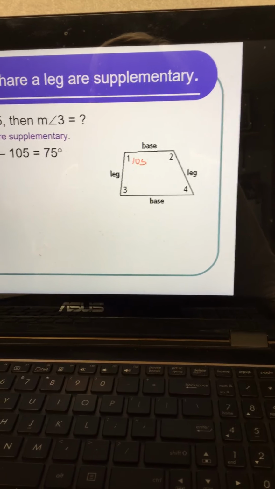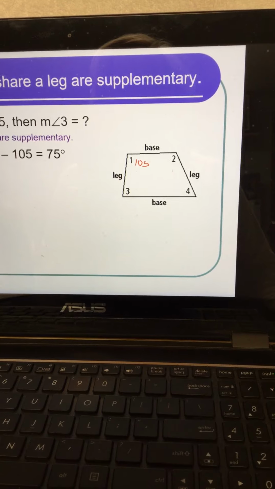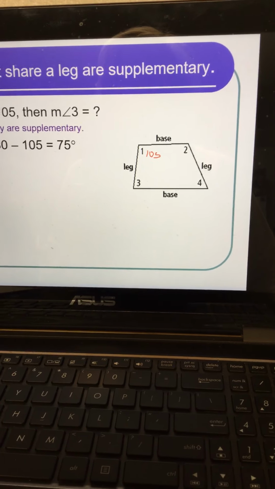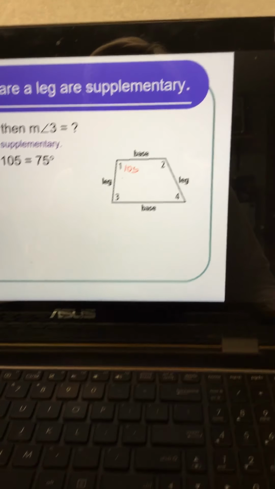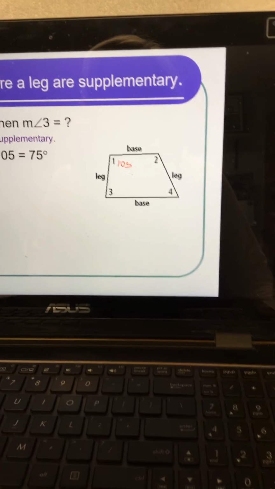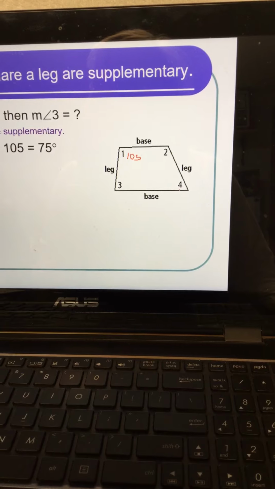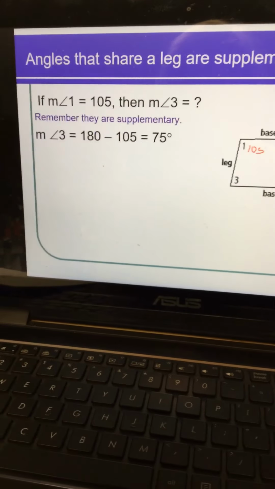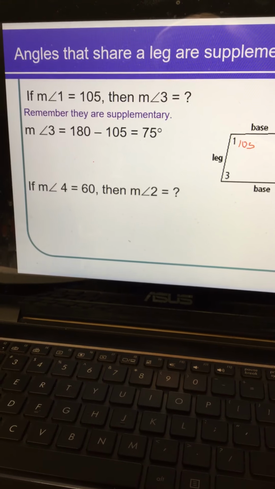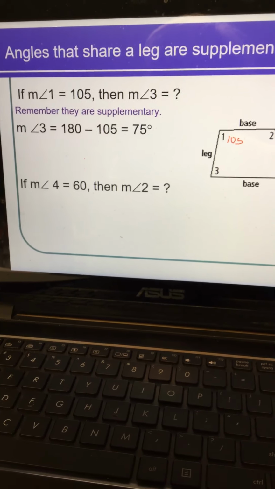Now, in a trapezoid, opposite angles are not congruent. A trapezoid is totally different than a parallelogram, so don't be thinking that these angles are opposite and congruent. I think it's pretty obvious that 1 and 4 are not going to be congruent to each other. So I would have to tell you that the measure of angle 4 is 60.